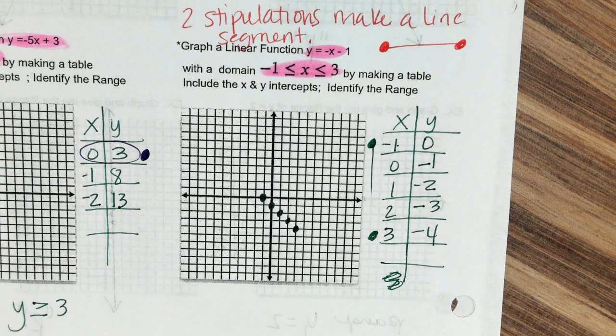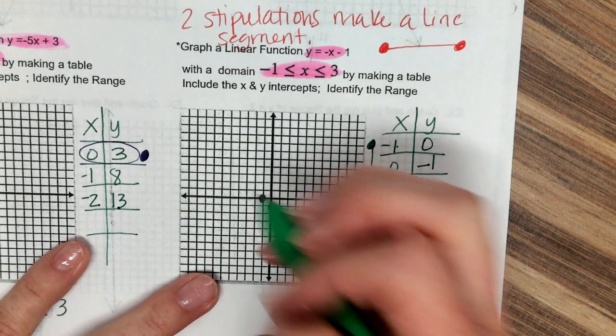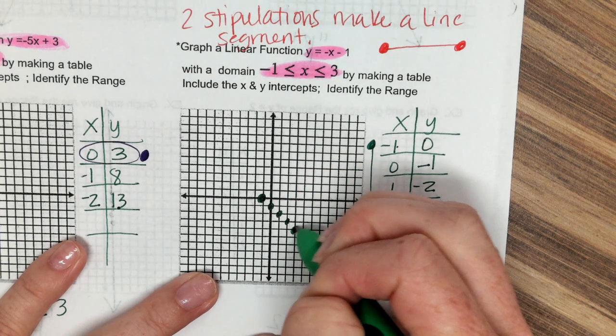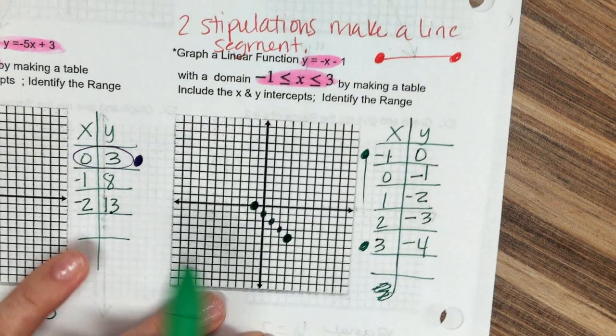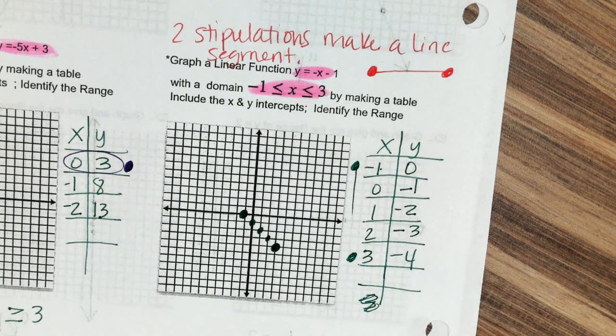Again, this is not going to get any arrows. This dot is going to get connected to this dot. Did I even really need to put those dots in between? No, what I have to do is connect it between.